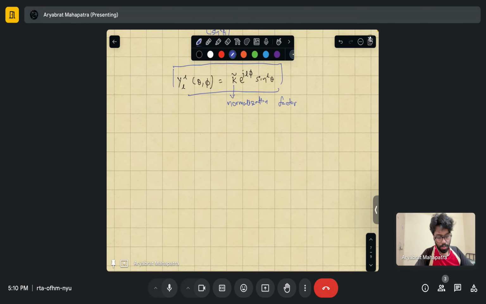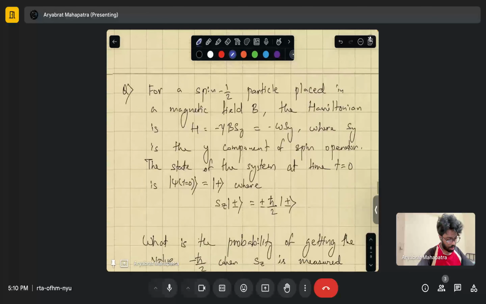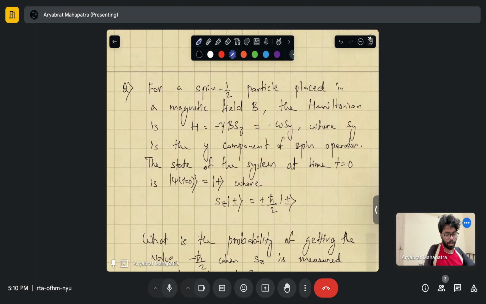Okay. So next we have this problem here. For a spin-half particle placed in a magnetic field B, the Hamiltonian is H equals minus gamma S_y. So this is S_y, the y component of your spin angular momentum.